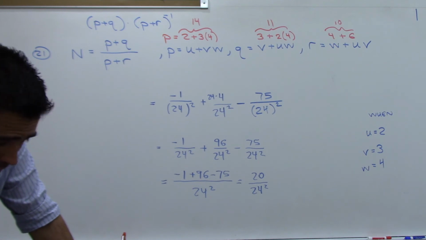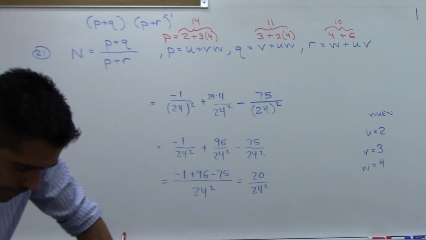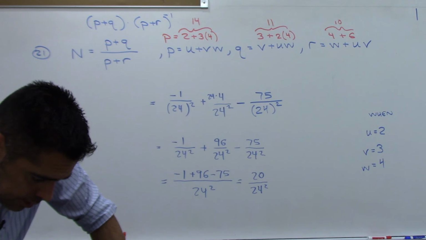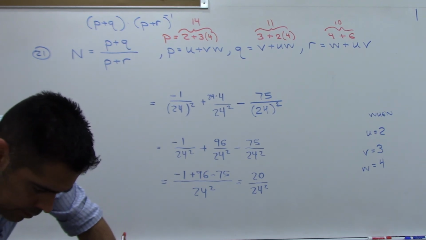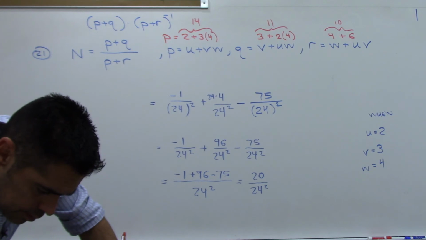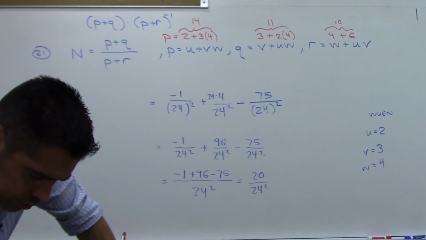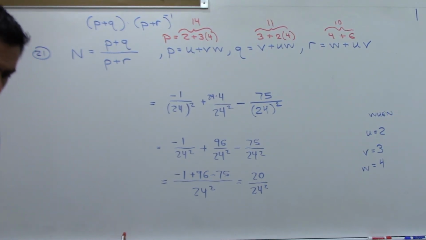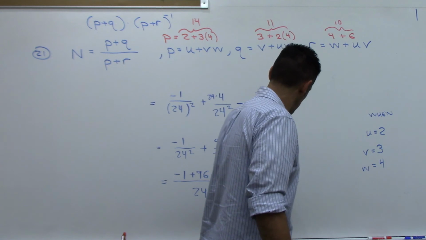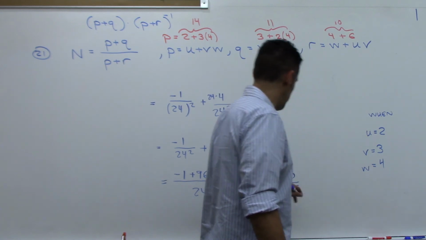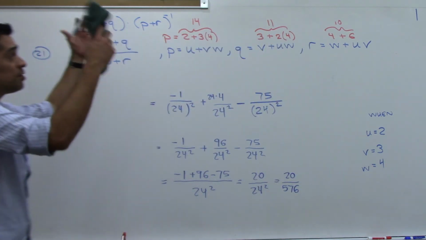Remember, this is just one of the partials. Oh man, yeah, 20 over 576. You can reduce that fraction, but that's good enough. So that's just one of them.